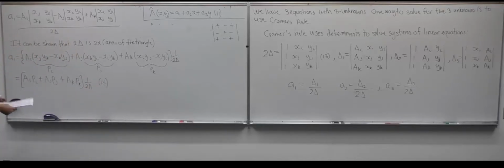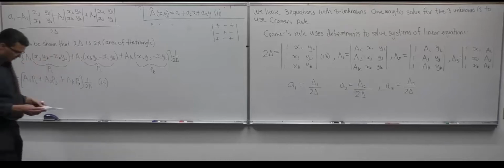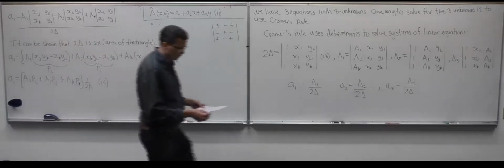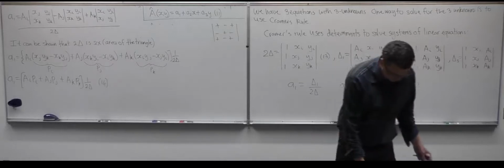So that gives us the unknown A1 and solves for it in terms of the magnetic vector potentials and also the coordinate positions. So that's the first term. Now we can evaluate the next terms.